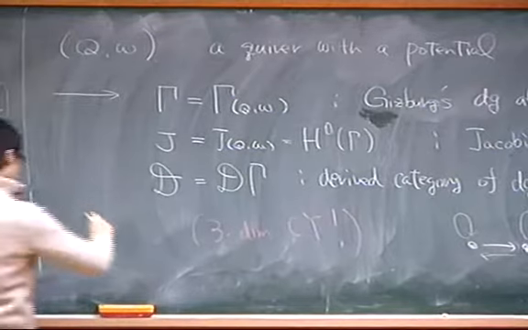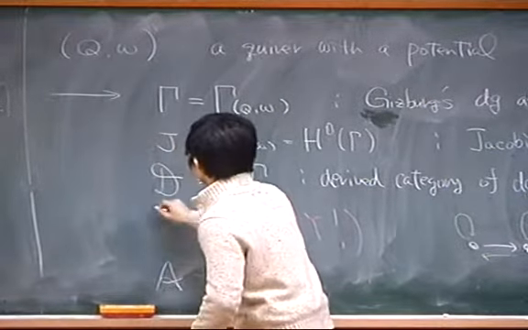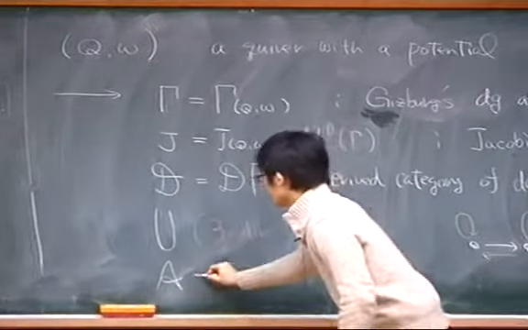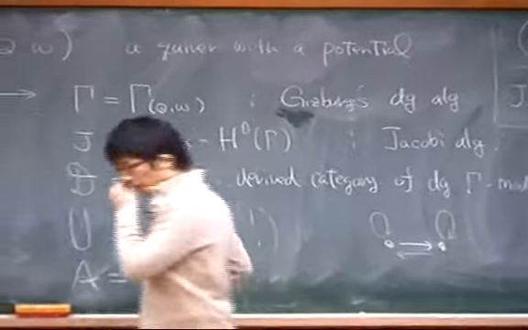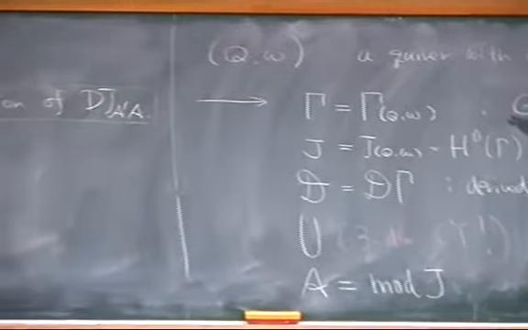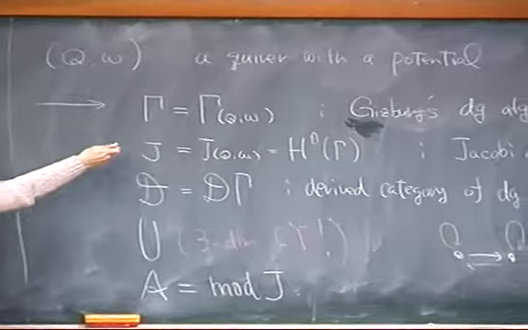And also we have a natural t-structure, and its heart is isomorphic to the module category of J. J is a path algebra, J is a Jacobi algebra.